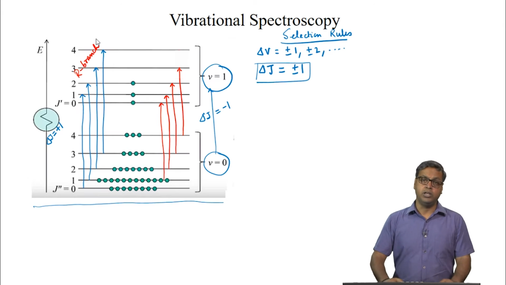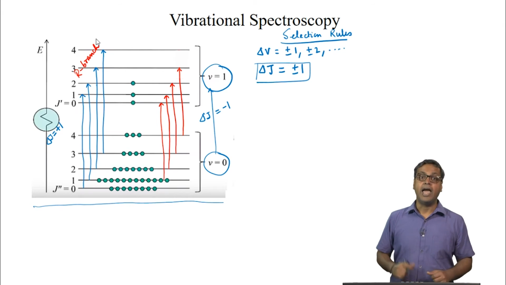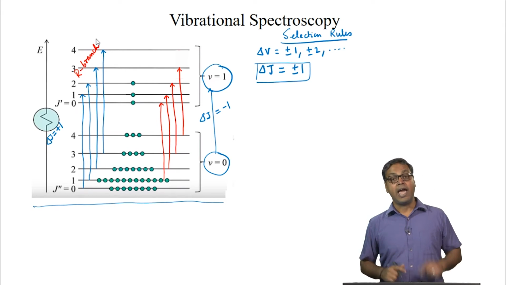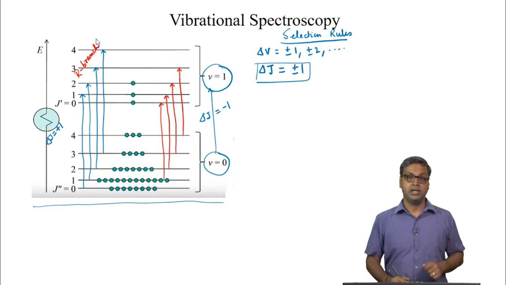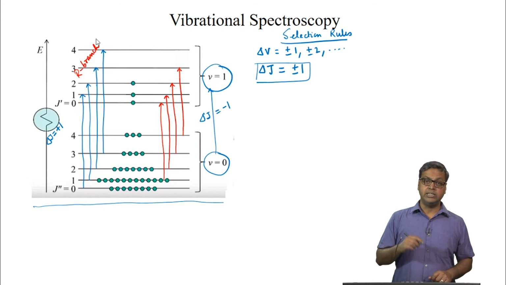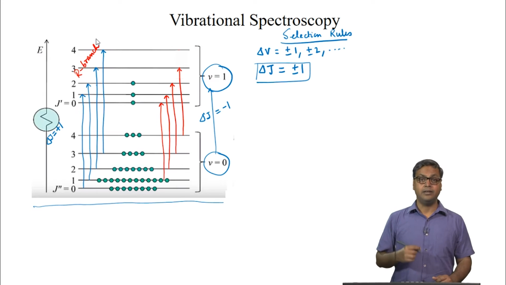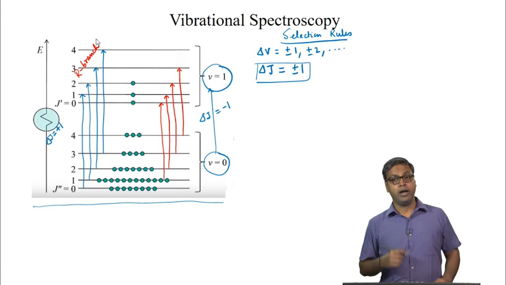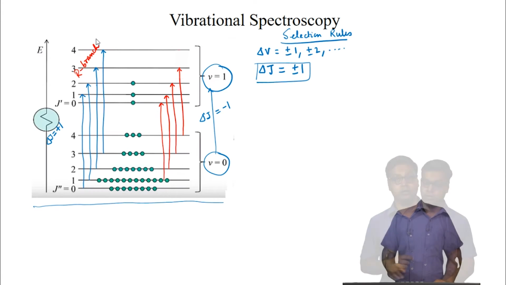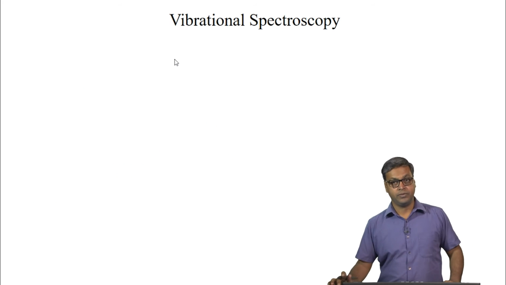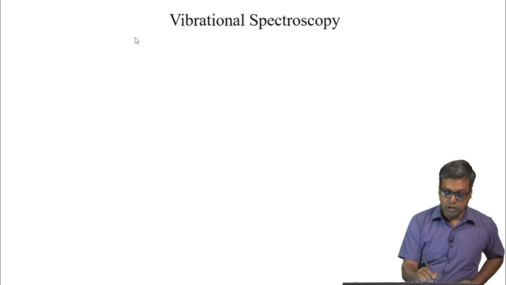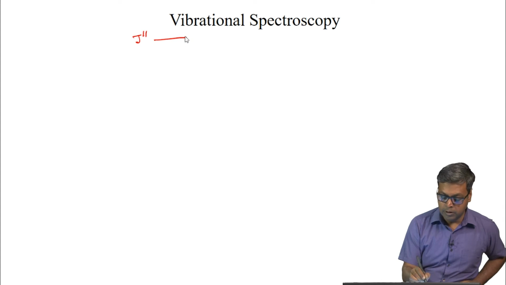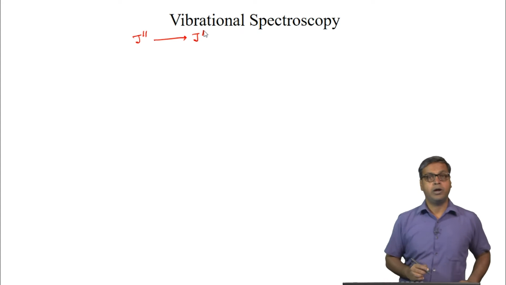So, we use our knowledge of the vibrational and rotational energies and the selection rules to predict transitions in the P branch, where J decreases by 1, and in the R branch, where J increases by 1. So, for the P branch, the J value changes from J double prime to J prime.